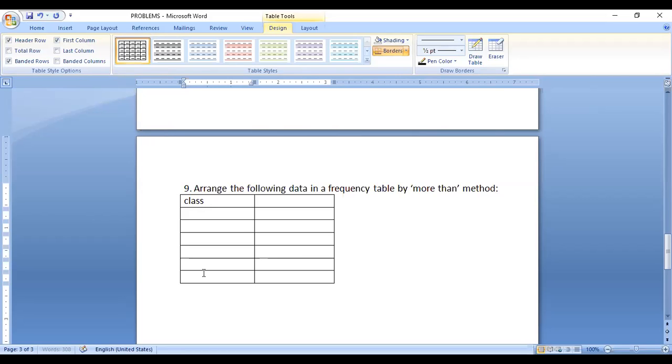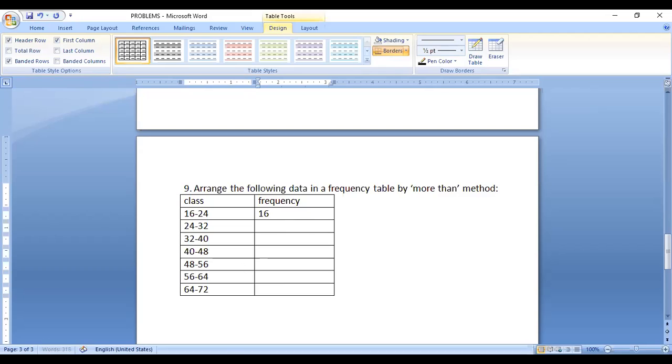Class and frequency. Class is 16 to 24, 24 to 32, 32 to 40, 40 to 48, 48 to 56, 56 to 64, 64 to 72.